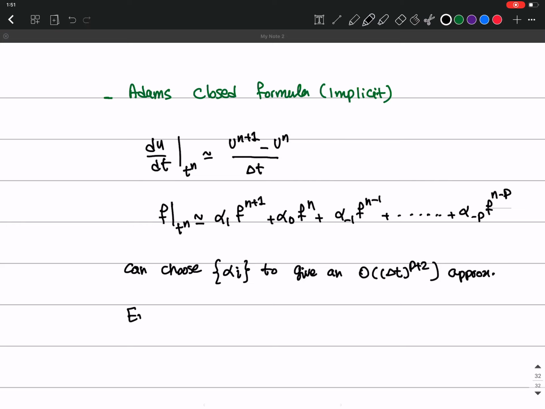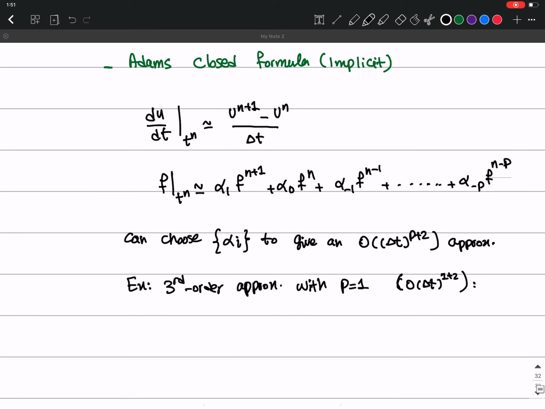For example, a third order approximation with p equals 1, meaning order delta t to the 1 plus 2, is shown here.